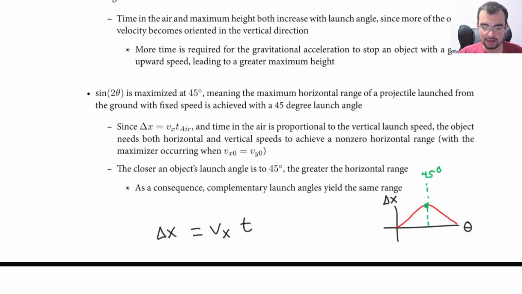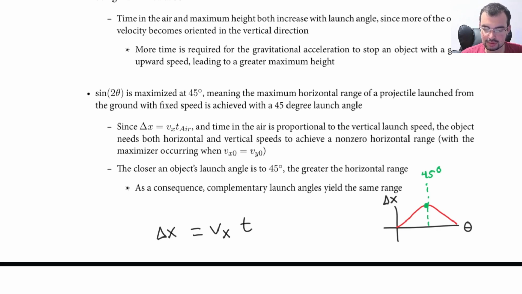So to get a long range, you have to somehow balance the x and y velocities. And when are the x and y velocities perfectly balanced? At 45 degrees. So that's my little explanation of why 45 degrees is the maximizer, because you get both time in the air and horizontal speed, which are the two factors. Because if you totally sell out to one of them, the other gets basically to zero.